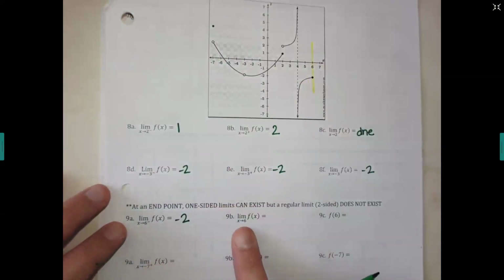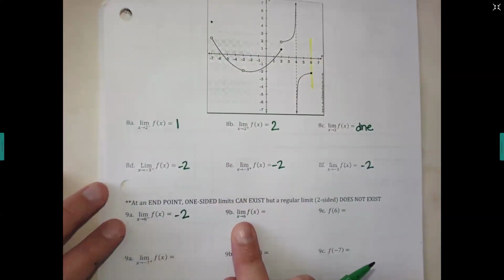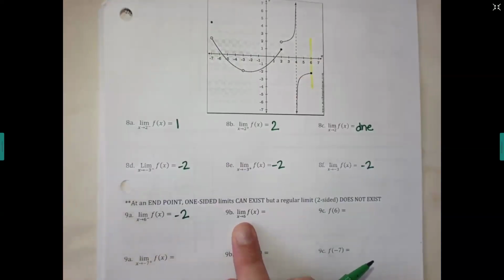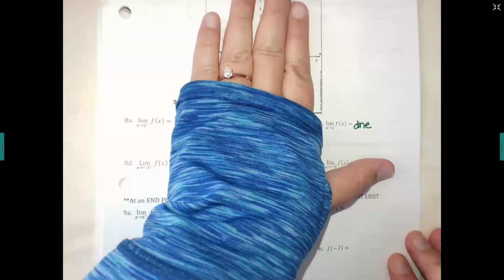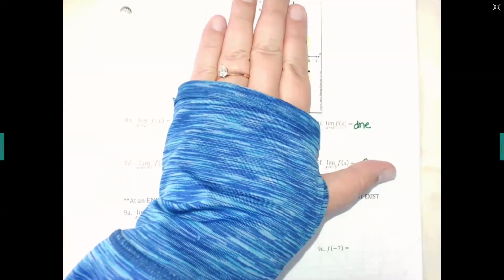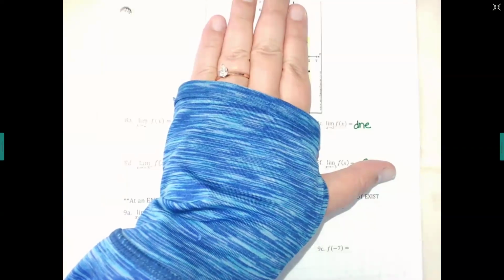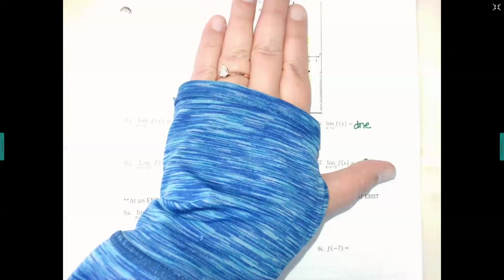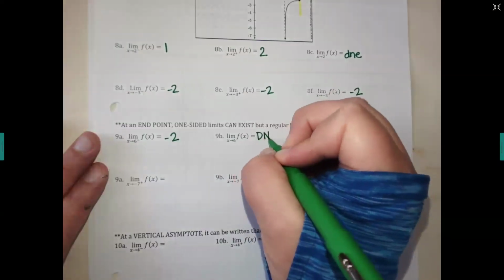In order for me to have a 2-sided limit, I would have to have the same answer from the right-hand side. But when I cover up everything past 6, there's no graph. So what that means is these sides can't match because I only get an answer from left. So I'm going to put here for this, it's a DNE.